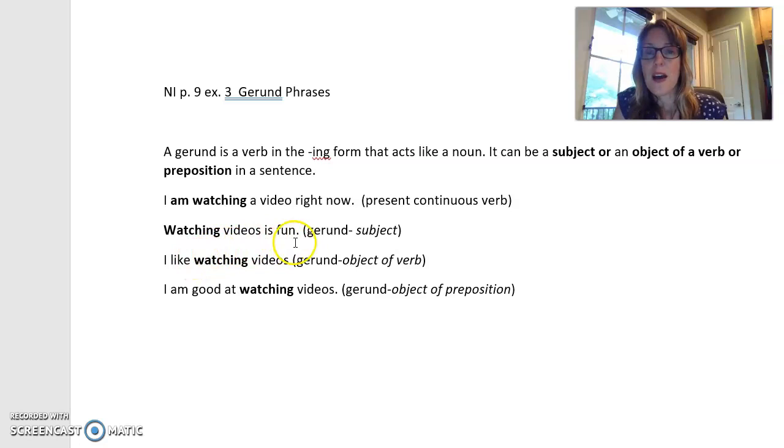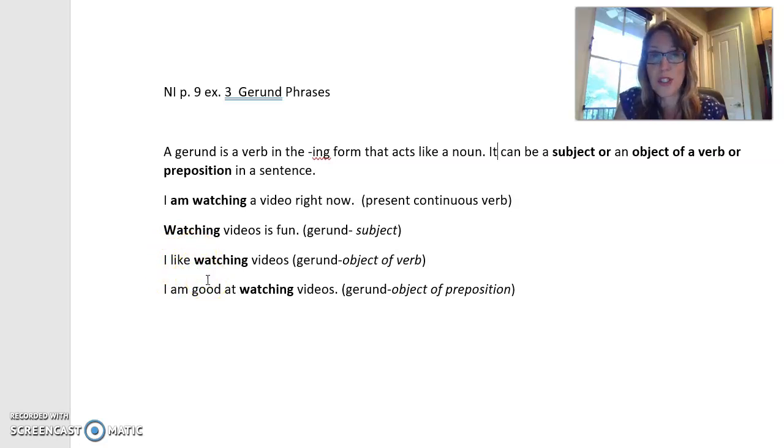Okay. Now here's an example of where a gerund follows a verb, and so it's the object of the verb. Again, that's a gerund. It's in a noun position or pronoun position. I like what? Watching videos. Object, gerund. And the last one: objects can come after verbs such as like or prepositions.